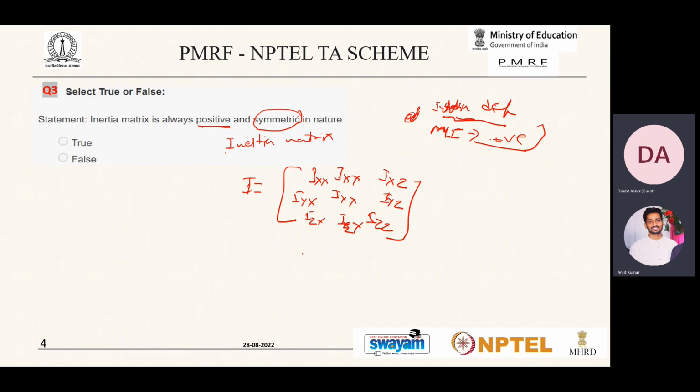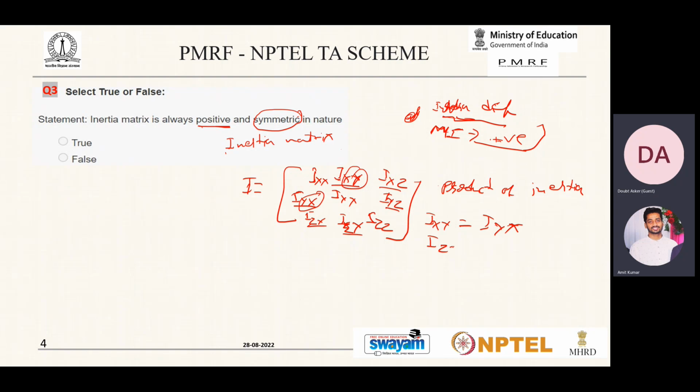So these are the entries of the inertia matrix. Now you can see these and this. These terms are called the product of inertia. Physically, this is just the moment of inertia along the xy axis and this is along the yx axis. That means the same, so the value which we calculate will also be the same. So these are always true, right?